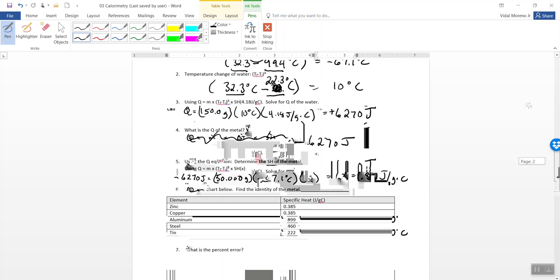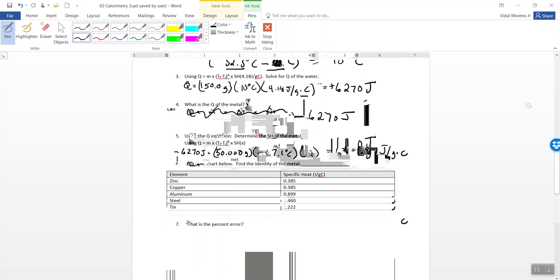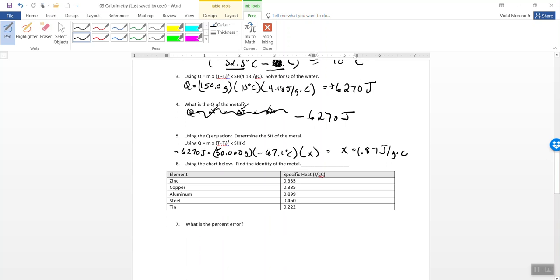So, those are really, really bad results. What's the closest thing to this? Closest thing to 1.87? Aluminum. Okay, so aluminum.